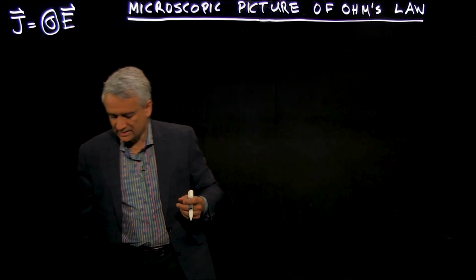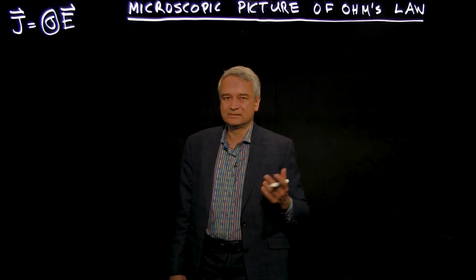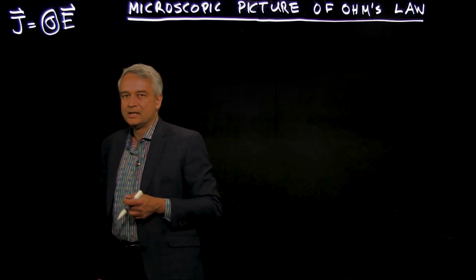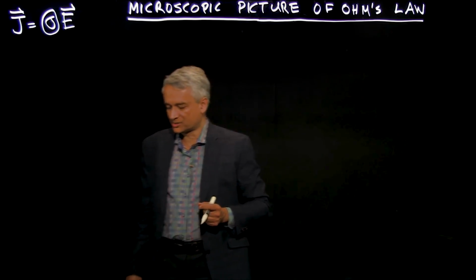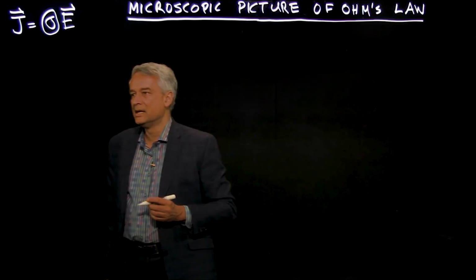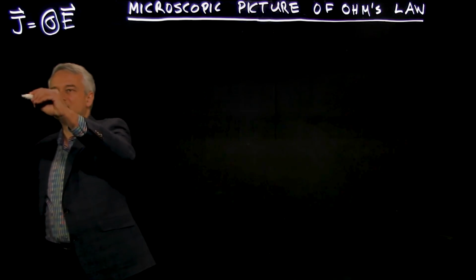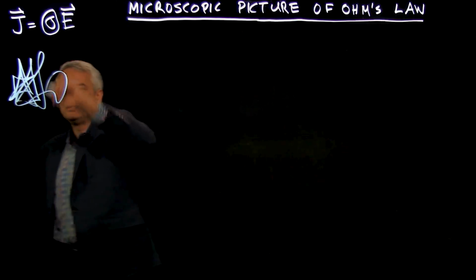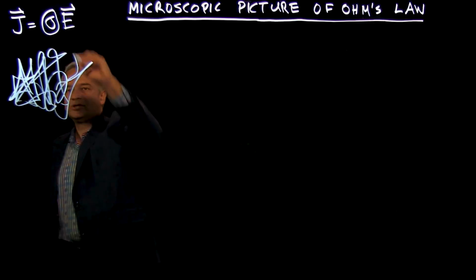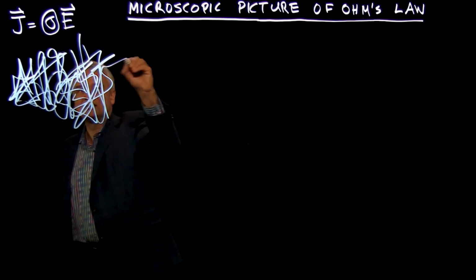So let's remind ourselves what the picture that we have is, going back to last time. What's actually happening in a conductor is there are electrons whizzing around, and those electrons are what are carrying a current. And the picture that we have in our heads from last time is of electrons whizzing around at some very, very high speed, bouncing around, scattering, changing directions, and moving very, very fast.